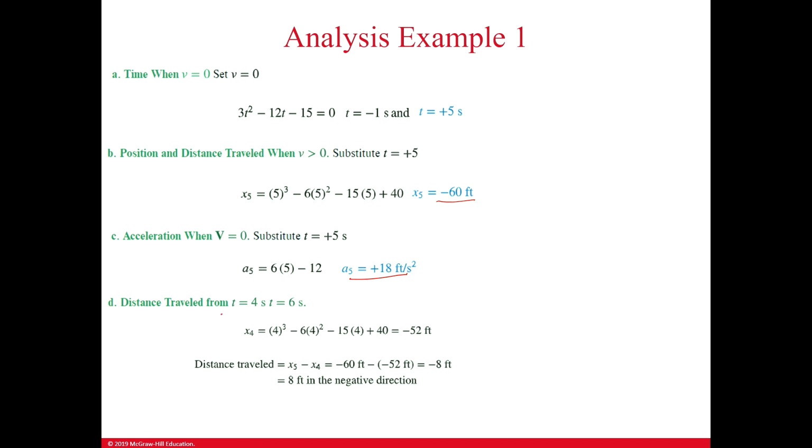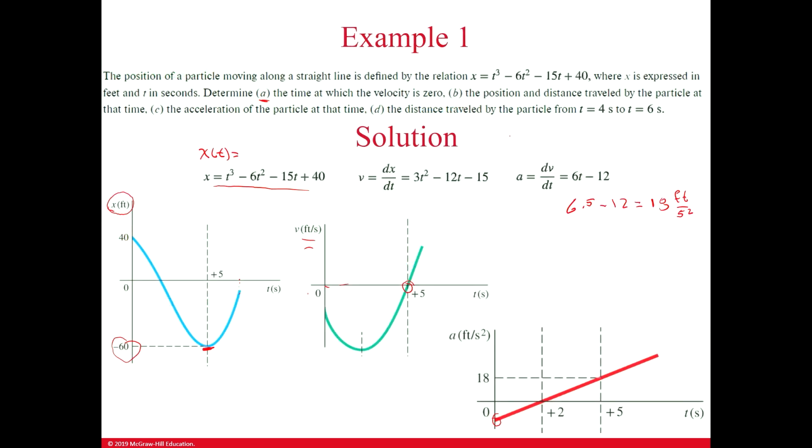Distance traveled from t equals 4 to t equals 6. All right, that's also very simple. So distance is here, velocity is here, acceleration is here. So notice that every time they ask what is acceleration when velocity is 0, velocity is 0 at 5 seconds.